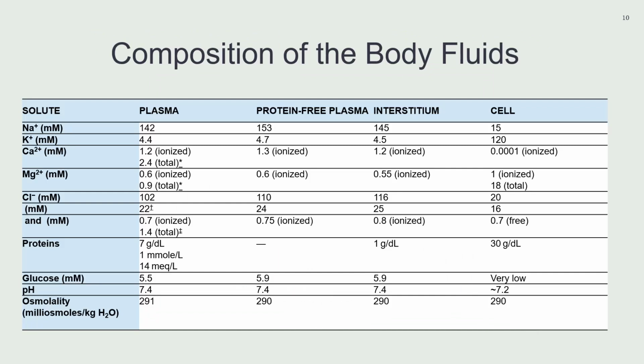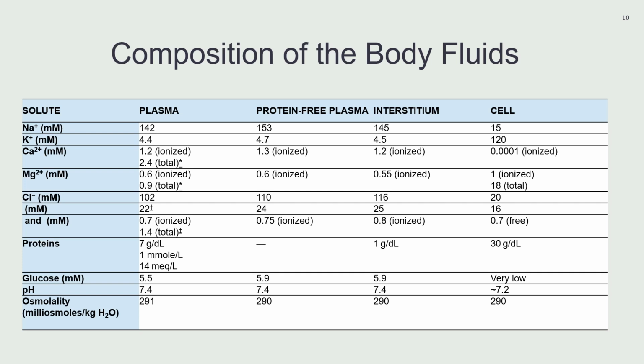Now, here you have a table about the composition, and before anyone gets scared, in physiology and pathophysiology, maybe one day I will tell you, I need you to remember this figure. I will not normally ask you for any of these figures.